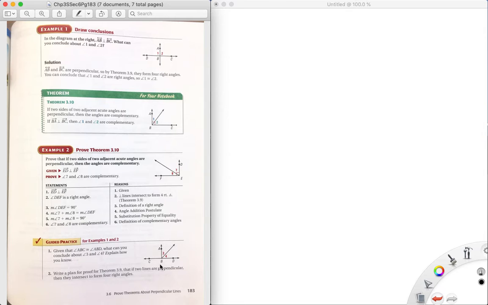If ABC is congruent to ABD, I know that they form a linear pair, and if I know that they're equal, then the theorem that we just learned, 3.8, says that they're perpendicular, which means that they form 90-degree angles. So I know that ABC is 90 degrees, and I know that ABD is 90 degrees. If I know that ABD is 90 degrees, then I know that 3 and 4 are complementary due to Theorem 3.10.